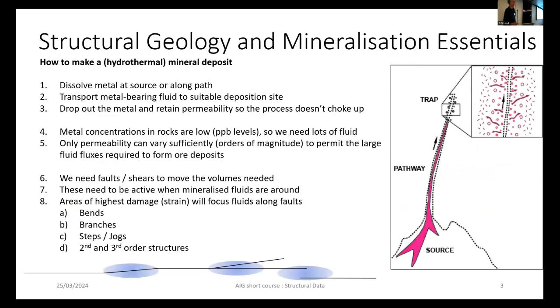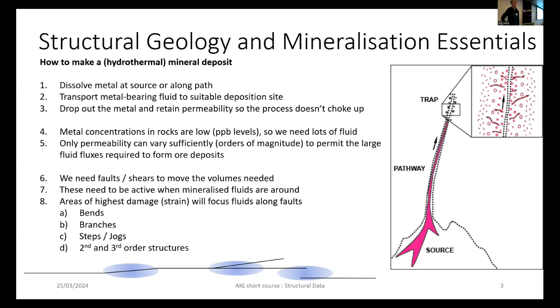This is one of the main reasons why structural geology, and I think most here are in the gold industry, is so important to us. This is basically the mineral systems approach, a method that was taken over from the oil industry. Basically the method is that you have to dissolve your metal of interest, let's call it gold in this case, from its source zone or along the path.